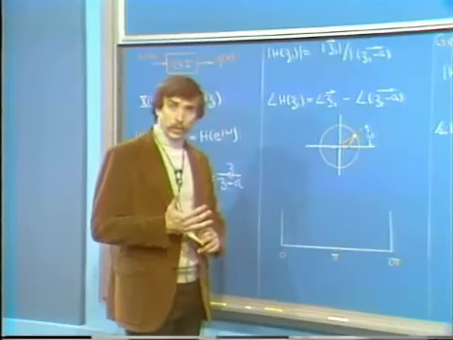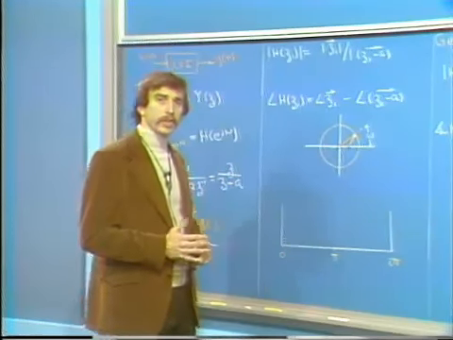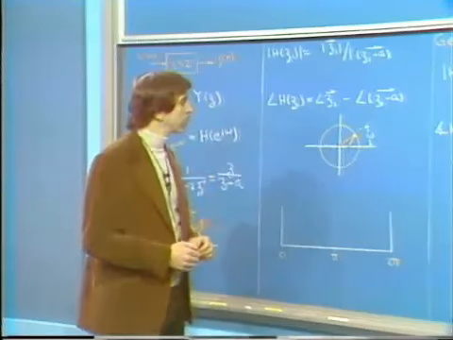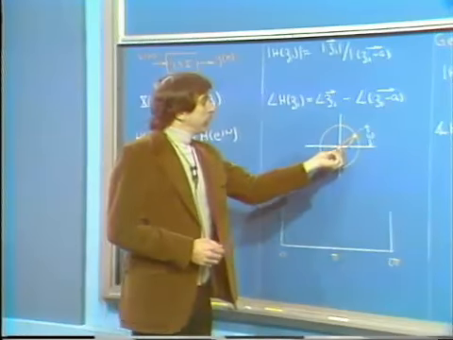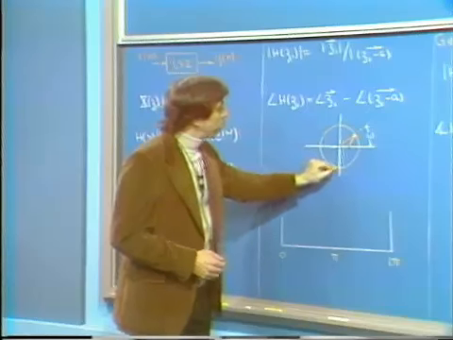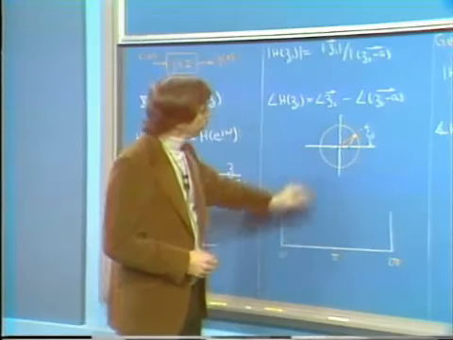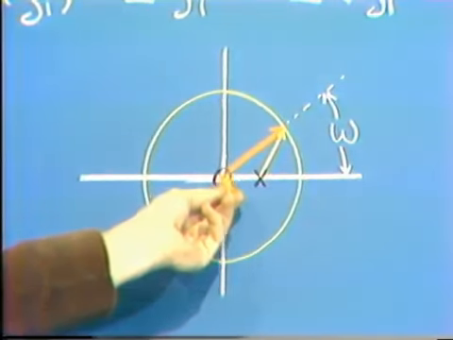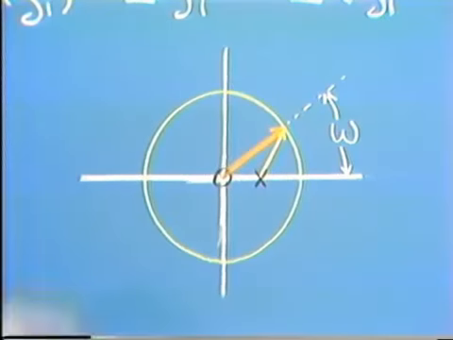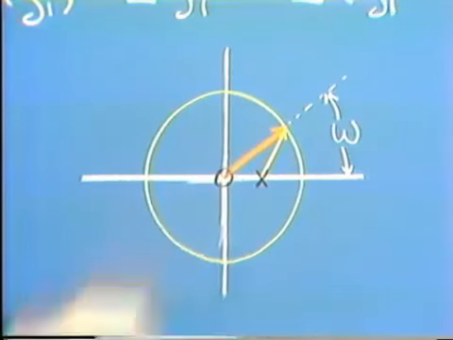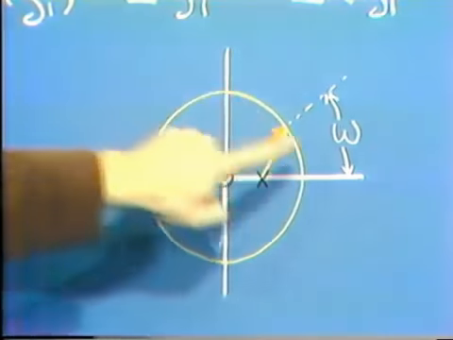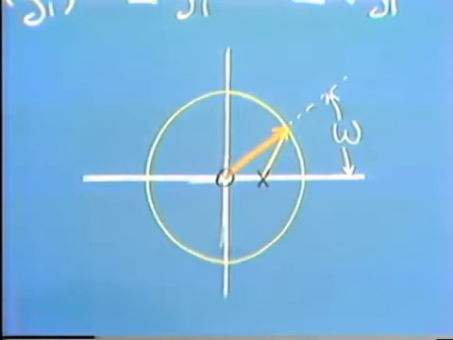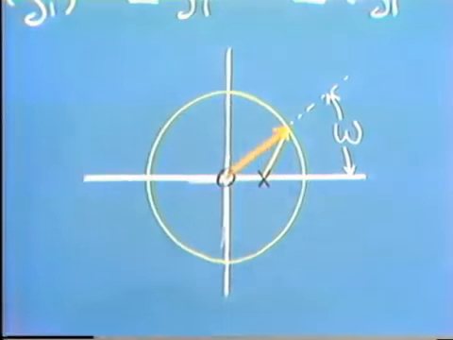Well, first of all, we observe, and this is an important observation since it's a point that comes up frequently, that as we travel around the unit circle, the vector from the zero to the unit circle changes in angle, of course, but it doesn't change in length. The zero vector for this example, or in fact any vector from the origin out to the unit circle, as we vary omega and therefore trace around the unit circle, doesn't change in length.